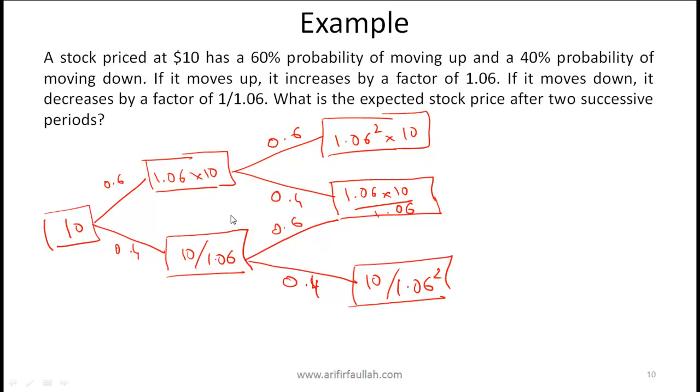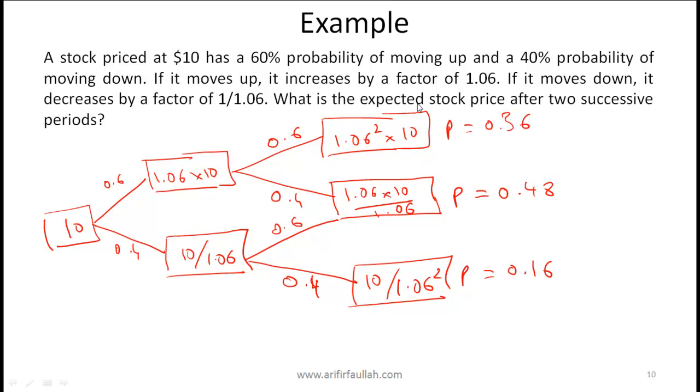So if you do the probabilities, the probability of being at the top point is 0.6 into 0.6, so the probability is 0.36. The probability of coming to this middle node is 0.6 into 0.4, which is 0.24, plus 0.24 from here. So this probability is 0.48. And finally, the probability of being at the bottom node is 0.4 into 0.4, which is 0.16.